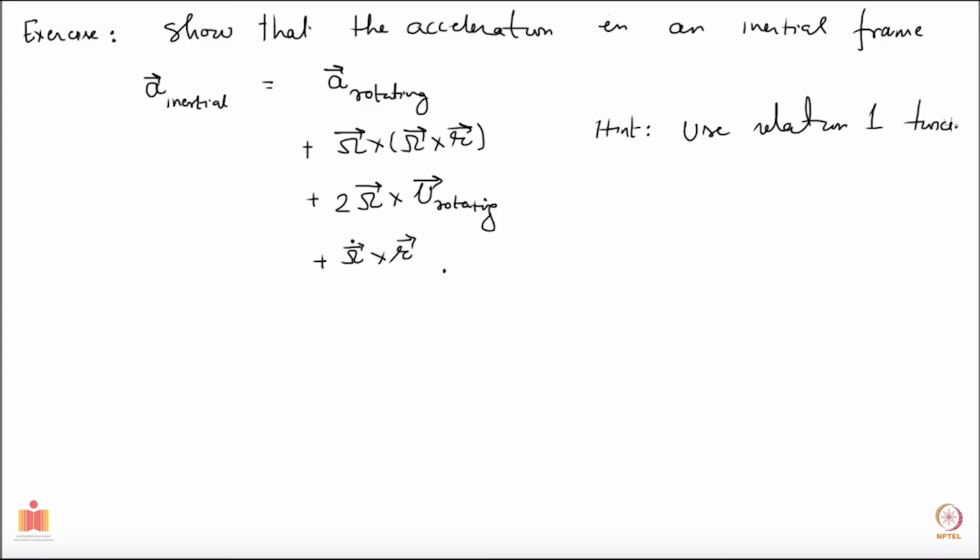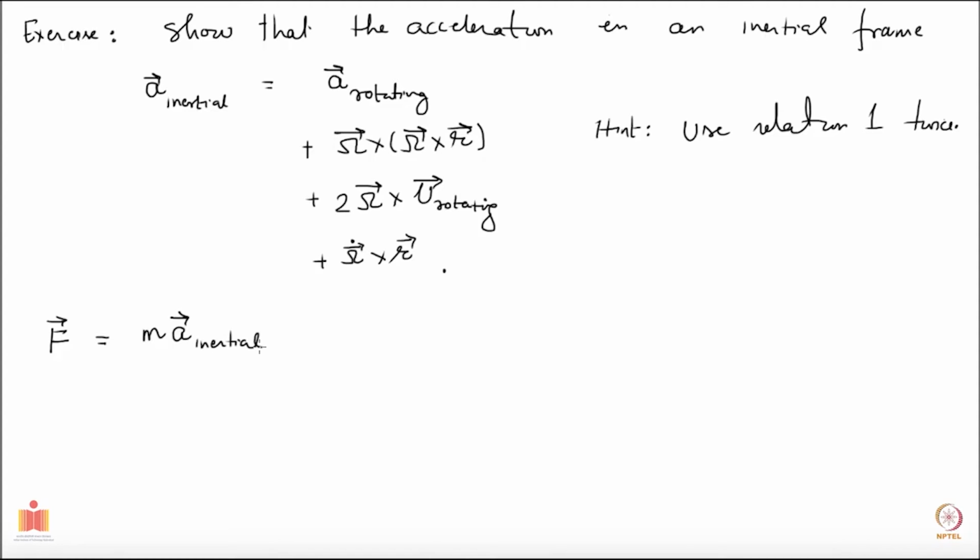So what does that all mean? It means that if you are looking at, for example, some object which is moving around and experiencing some forces, then I know that the forces according to Newton's second law is this. That's Newton's second law. It says that the force is mass times the acceleration in the inertial frame.